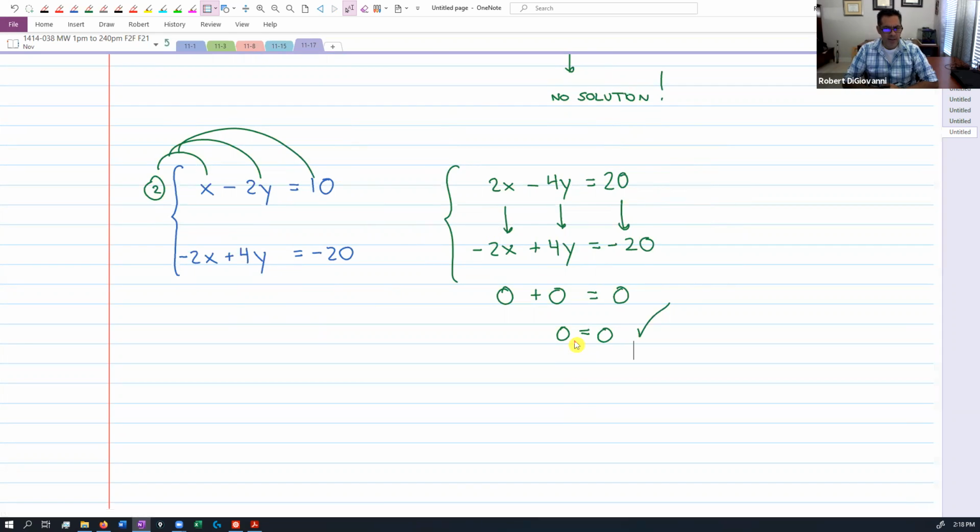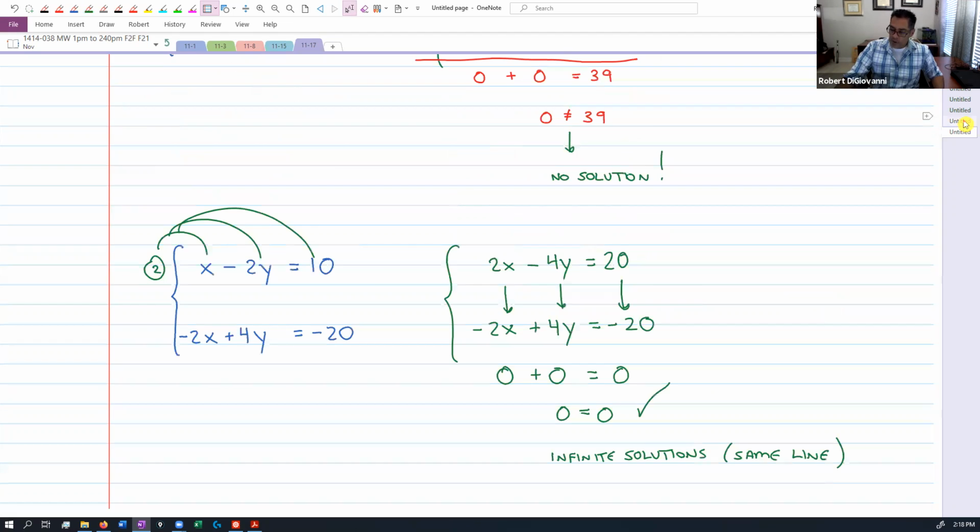So that means these should be the same line. There's an infinite number of solutions here. Every solution to the first one is a solution to the second one.